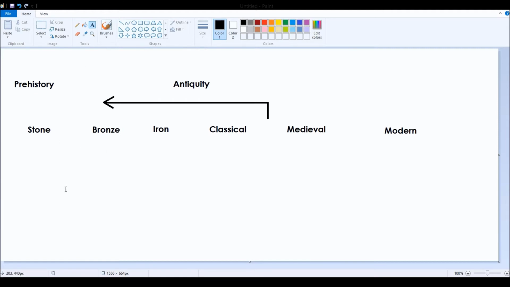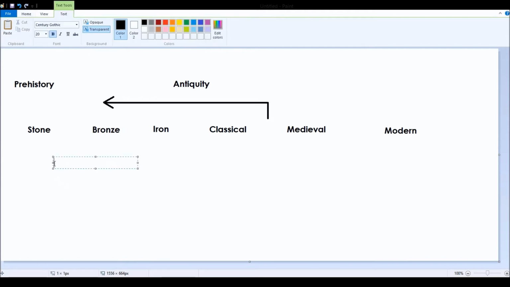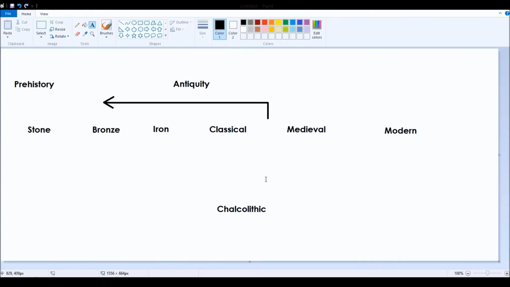Now, the Stone Age to the Bronze Age, essentially, the difference is the widespread use of bronze for tools and weapons and other things. And a lot of times there is a transition here called the Chalcolithic era. I'm actually going to put this down here for convenience.